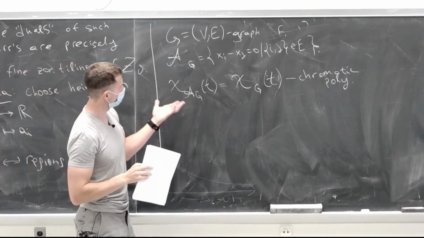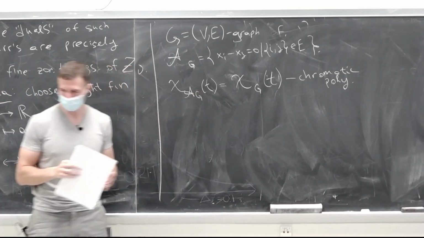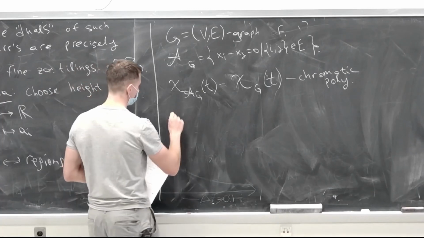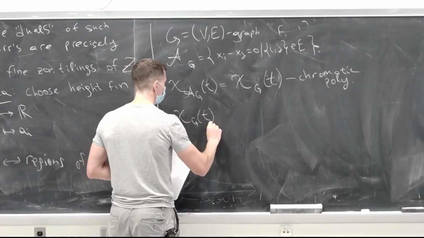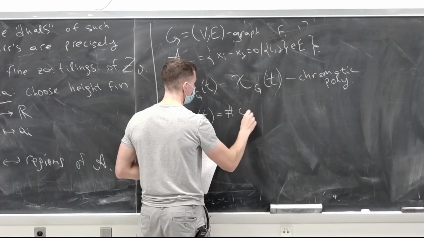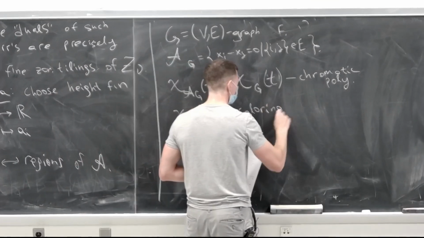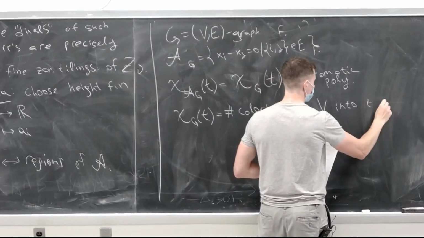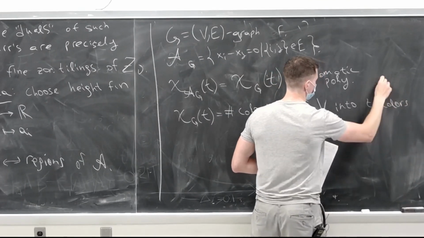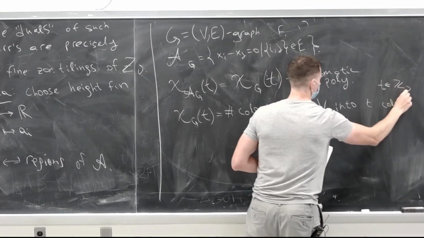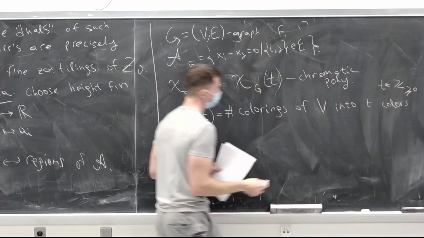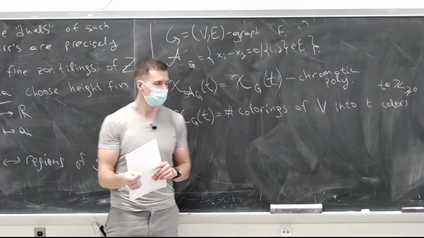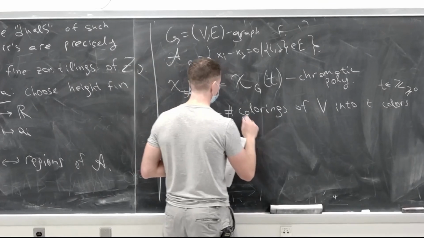But what is remarkable about this statement is, so okay, what is the chromatic polynomial? Right, chi_G(t) is the number of colorings of the vertices of G into t colors, assuming t is a non-negative integer, such that, yeah, proper colorings, the number of proper colorings.